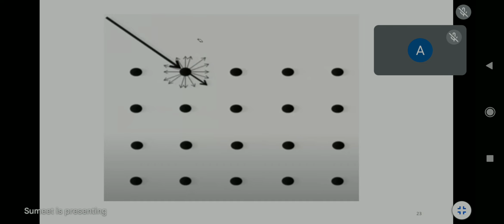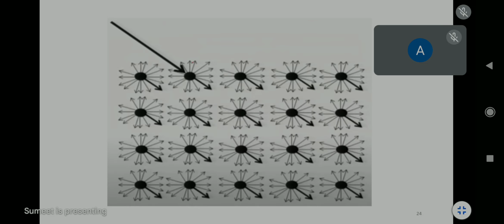So, let us keep it simple. We have this X-ray incoming ray. This is the transmitted beam, and these are the diffracted ones. These phenomena will happen in all sets of atoms.